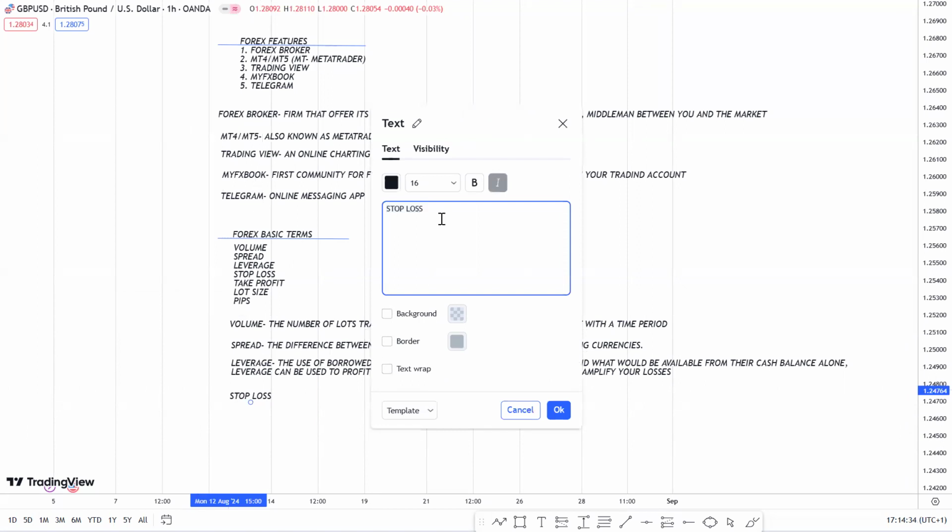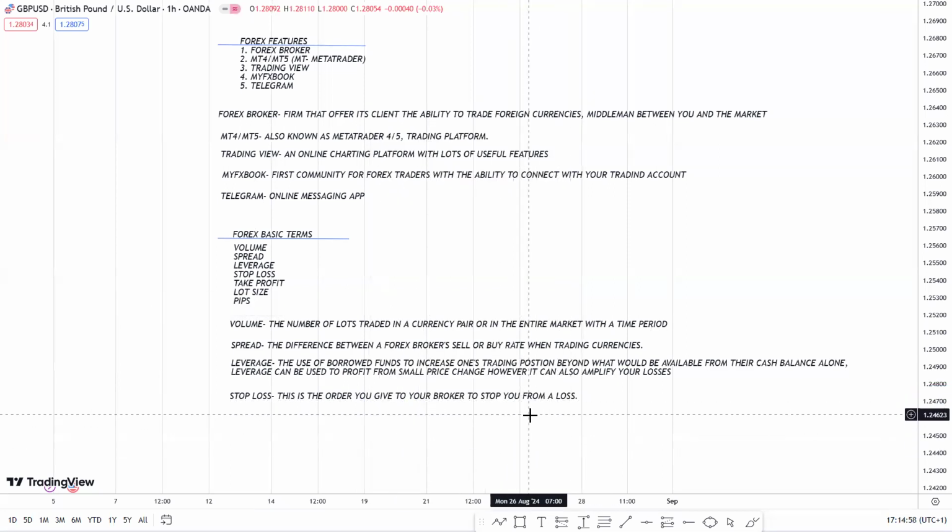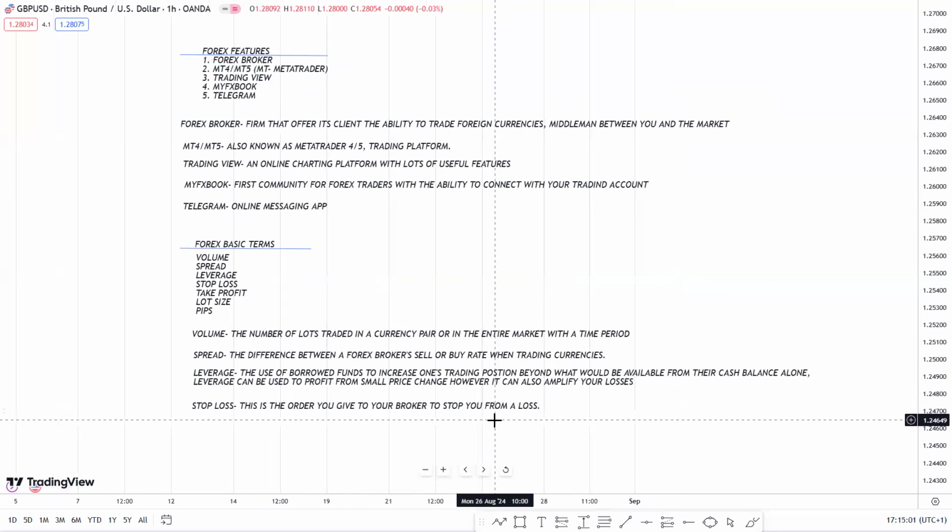This is the order you give to your broker to stop you from a loss. So it's very crucial to have your stop loss placed in the market. You must have a stop loss in the market. It's a very good management system. It prevents you from acquiring maximum losses in the market.